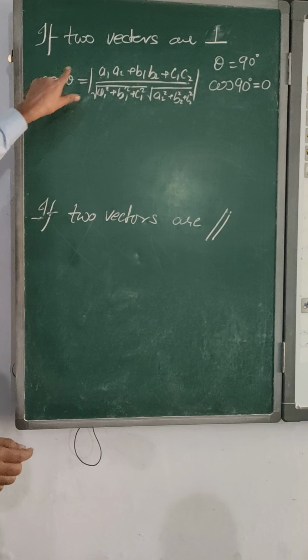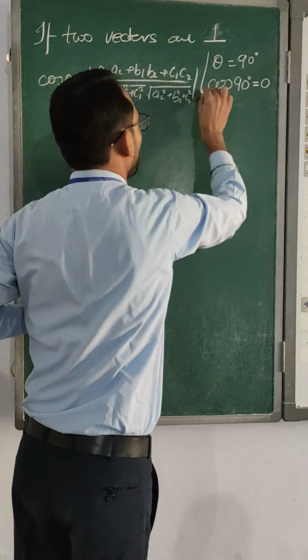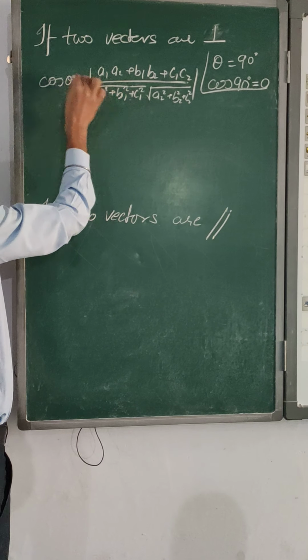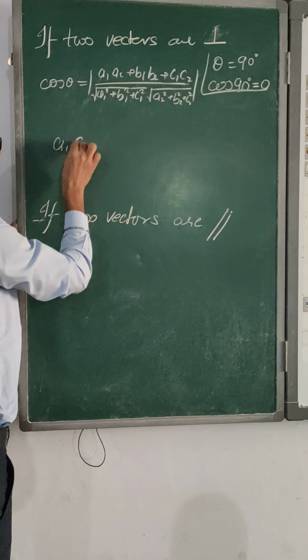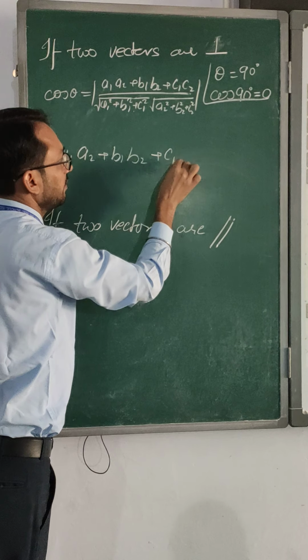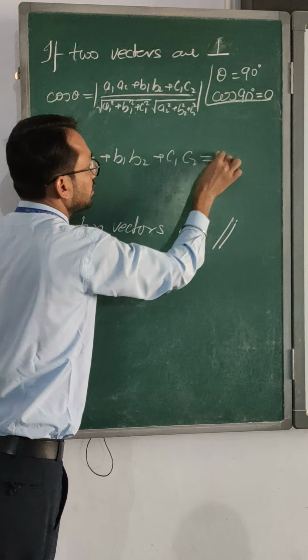Now cos theta will be 0, so we will be getting the result A1 A2 plus B1 B2 plus C1 C2 equals to 0.